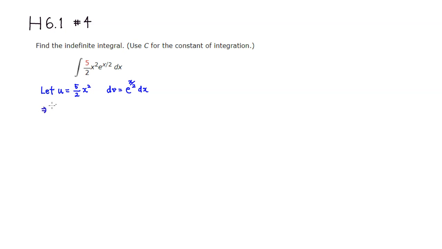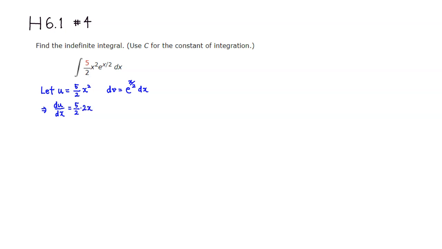So we're going to take the derivative of u with respect to x. You have a 5 halves, which is just a constant multiple. Put that there. The derivative of x squared would be 2x.